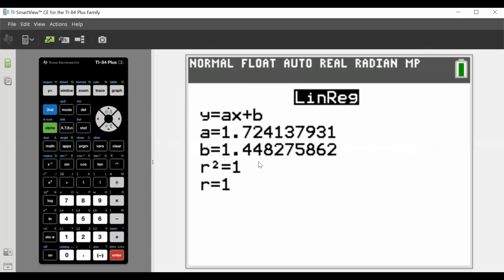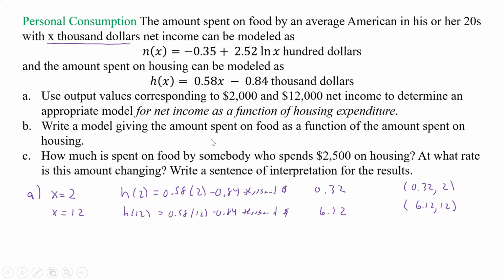That's going to be my function: 1.724 and 1.448. Since originally I had h of x, it's now going to be x of h, and that's 1.724h plus 1.448, again in thousands of dollars.